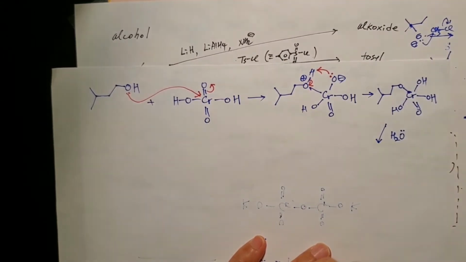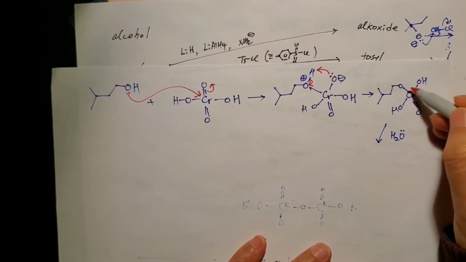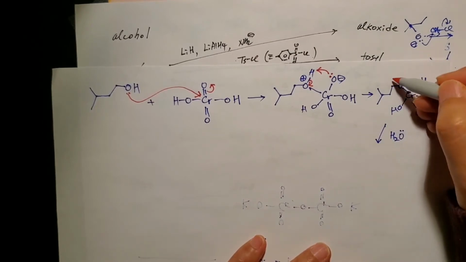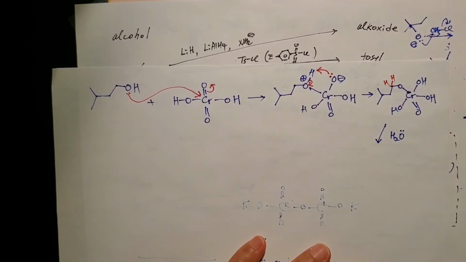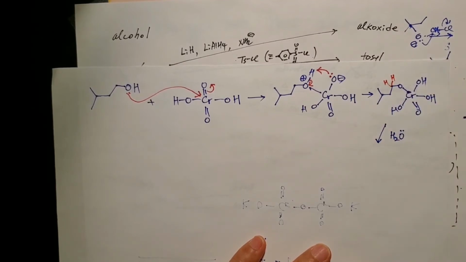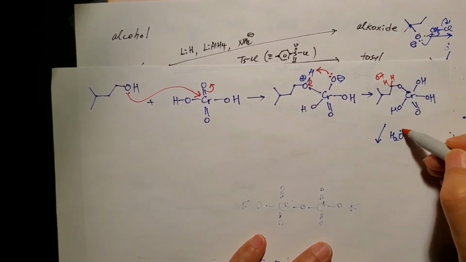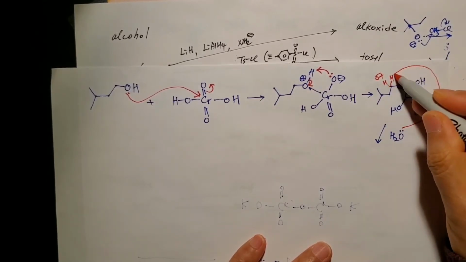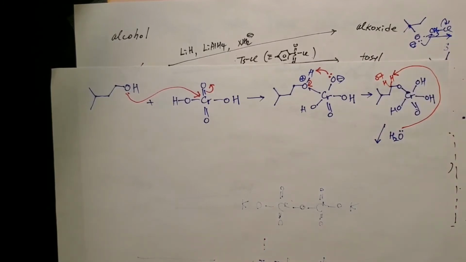Then what other acidic hydrogen do you see here? Due to the big positive charge on the chromium, you can imagine these alpha hydrogens more than the beta hydrogens in the elimination, right? These alpha hydrogens are highly positive next to the carbon. So this can attack on the alpha hydrogen.